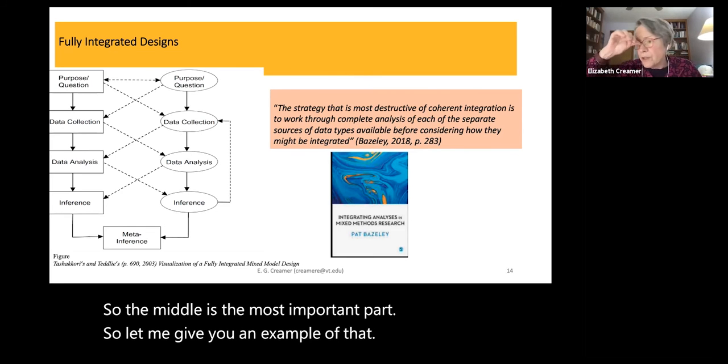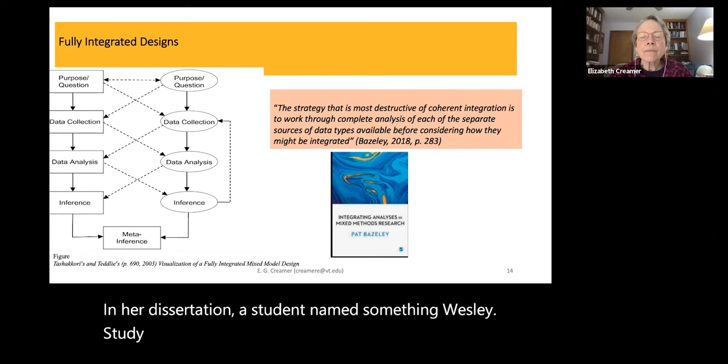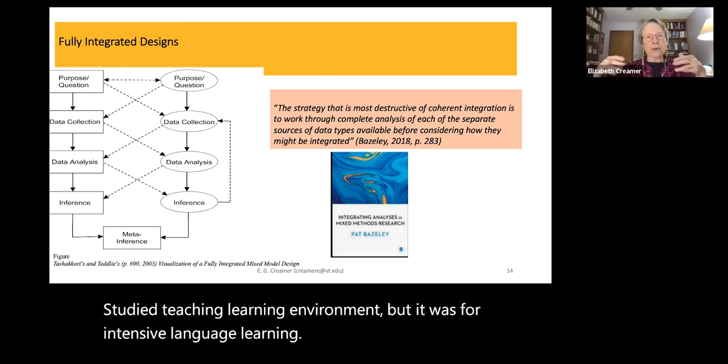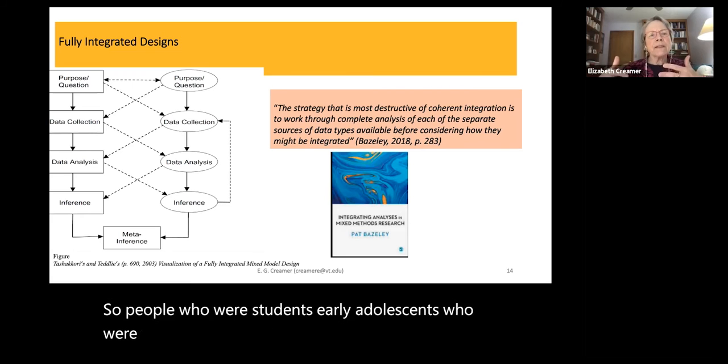In her dissertation, a student named Wesley studied teaching and learning environment, but it was for intensive language learning. So these were students, early adolescents, who were taking intensive language instruction in Canada.